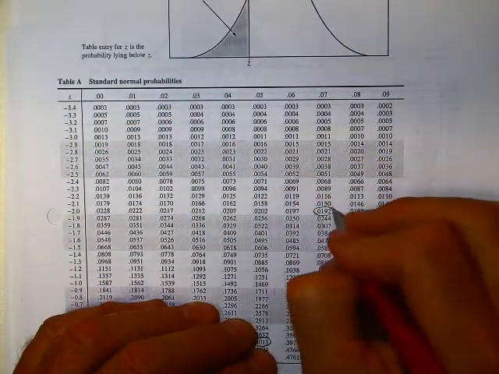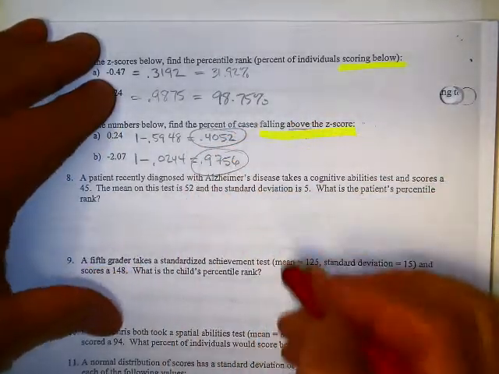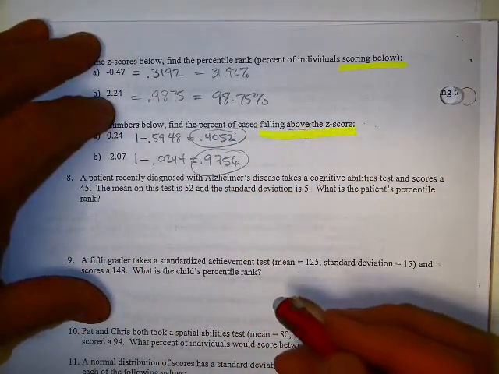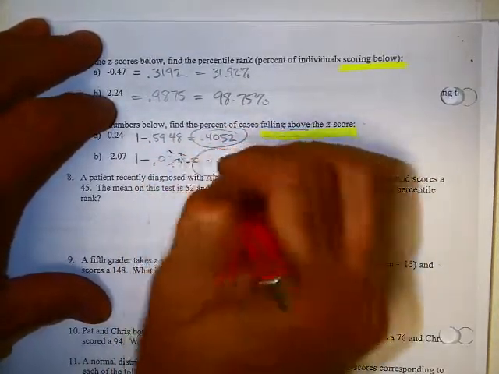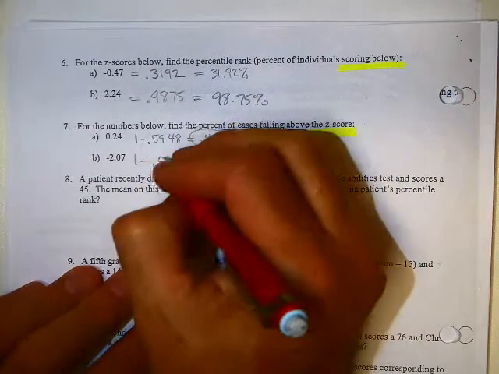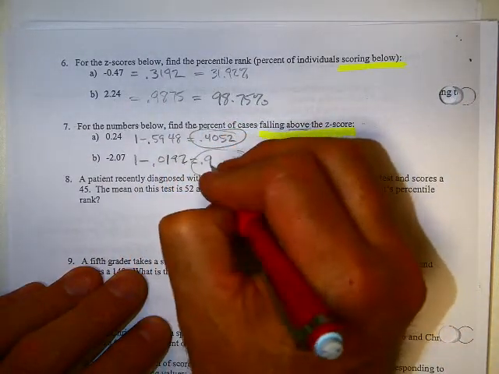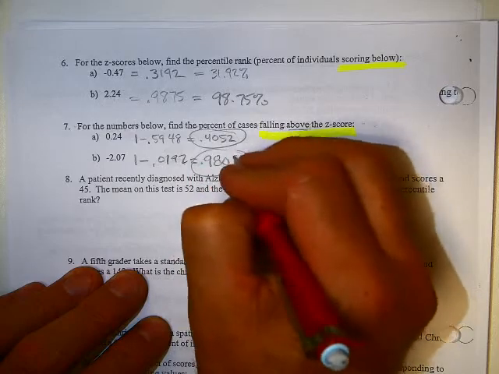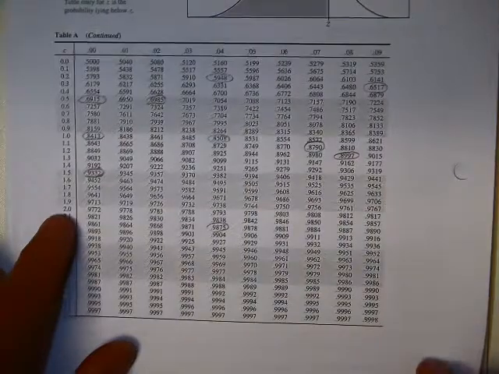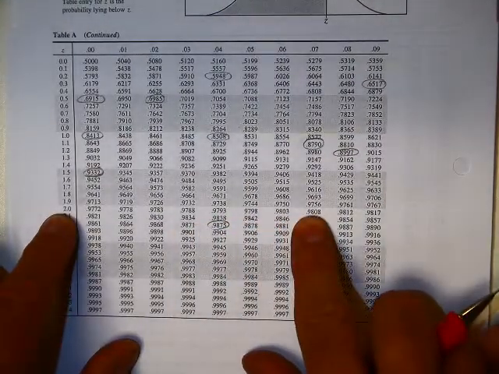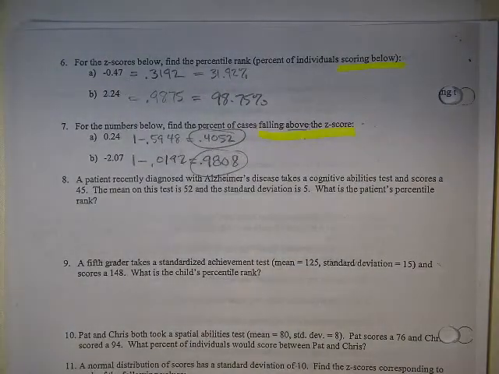So that should be 0.0192, or about 2%. So I'm going to change this, which would be 0.9808, and that is a check for my 2.07. Cool. Caught a mistake. I love it.